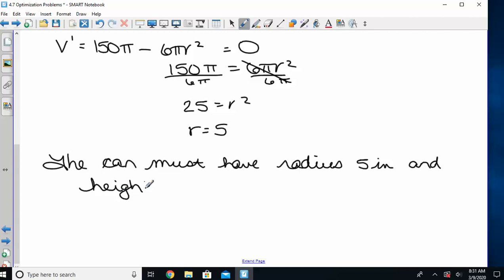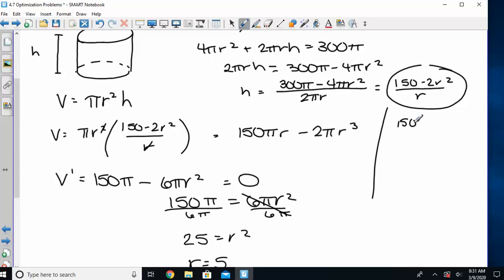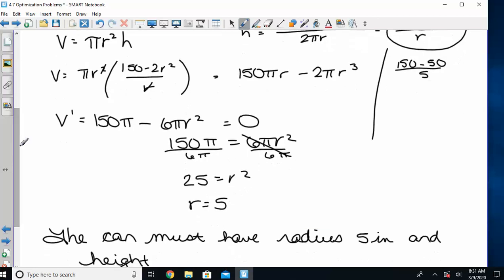How will I find the height of it? Go to your h right here and put in your 5. So 5 squared is 25, times 2 is 50. So we get 20.